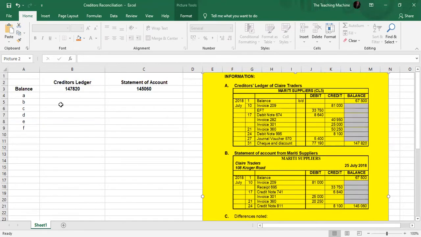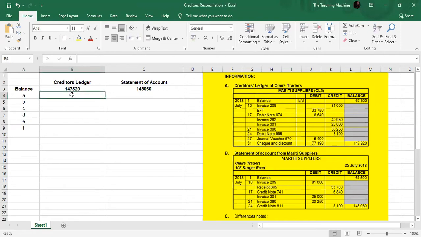What is the difference between 8,640 and 6,840? Please press on your calculator 8,640 minus 6,840. The difference should be 1,800.